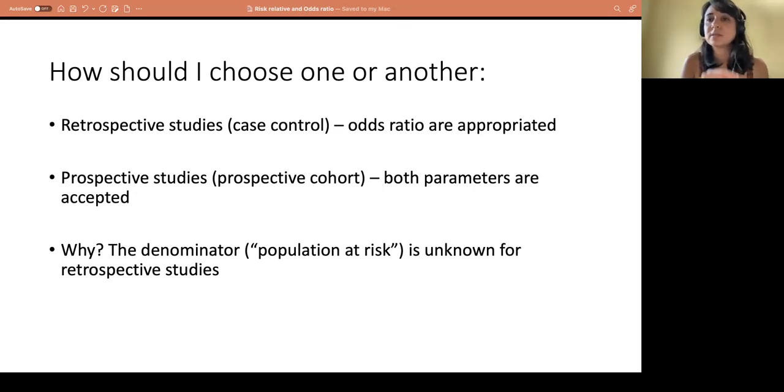So in this case, risk ratios and odds ratios are adequate and you can use both. But we'll discuss a little bit more the advantages and disadvantages of each one and some characteristics of each parameter. But in summary, in prospective studies, you can use risk ratio or odds ratio to investigate an association between a risk factor, exposure, intervention, and outcome, disease, condition.